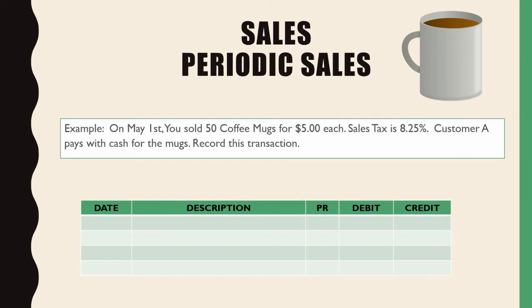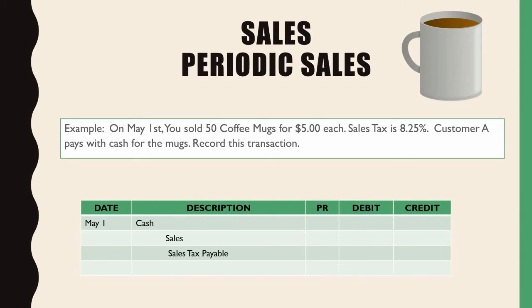Your tax payable would be the 8.25% of $250, $20.62. Okay, so then what's my total debit then? It'll be the $20.62 plus the $250, 270.62.